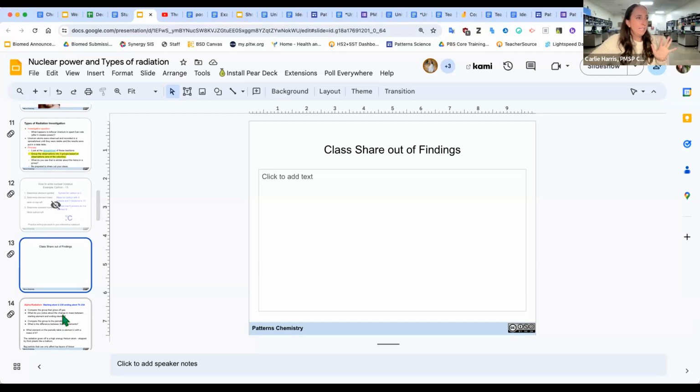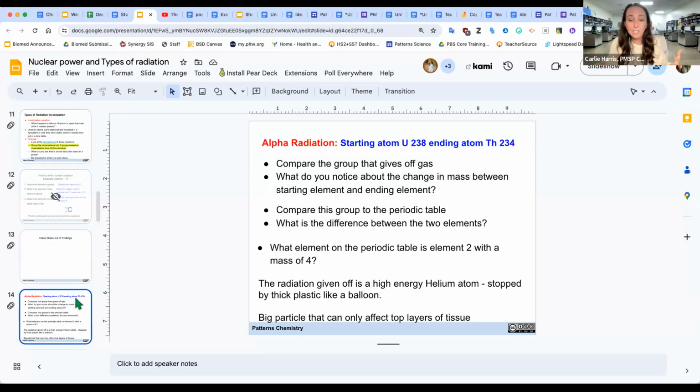So once they share out their findings, our job as the teacher is to be the facilitator to help get them back to the place that we need them to be, whether they sorted things the way we wanted them to or not.